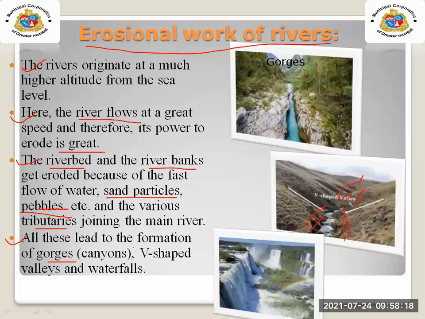Yes, then all these lead to the formation of gorge. Gorge means what? See this. It is also having another name, that is canyons. Canyons means what, student? You can say a narrow valley between hills and mountains, typically with steep rocky walls and a stream running through it.